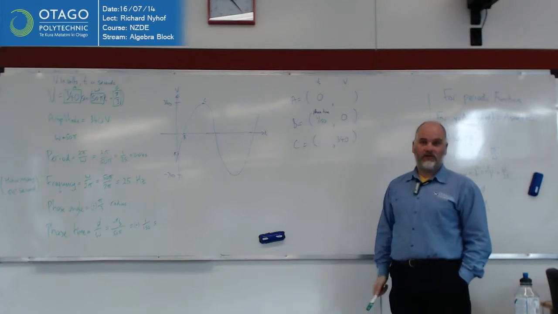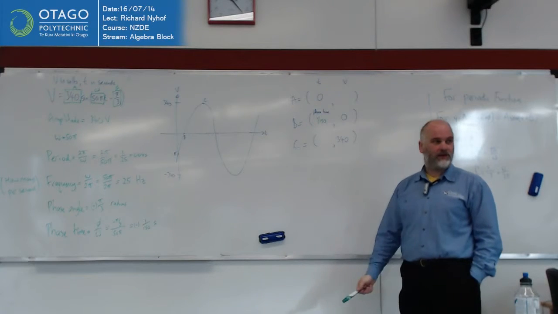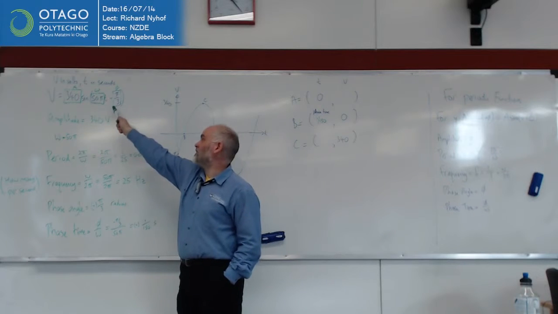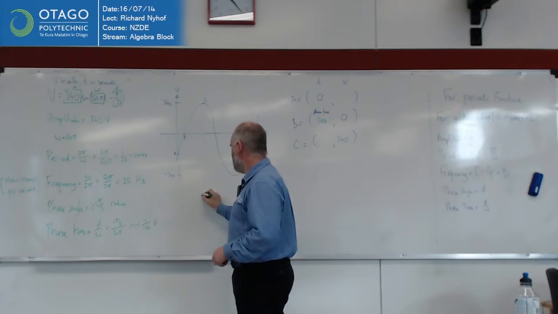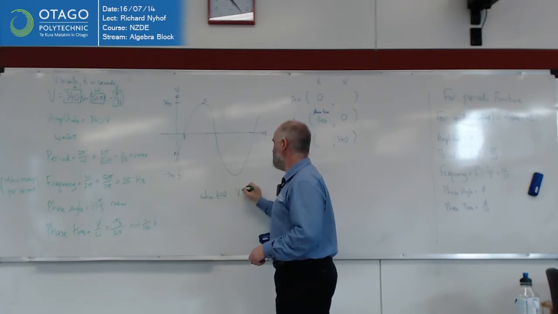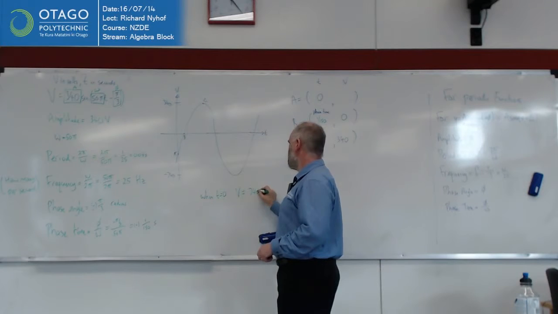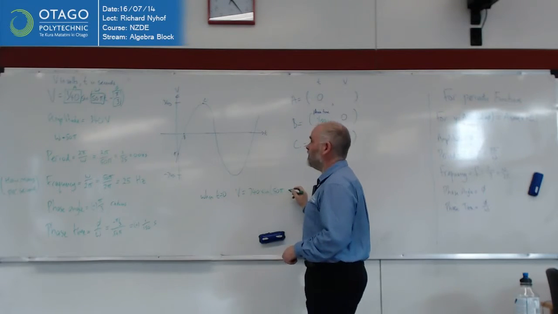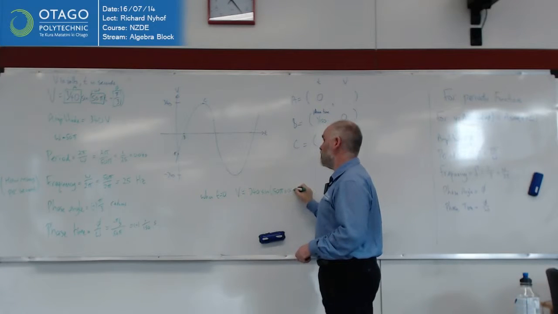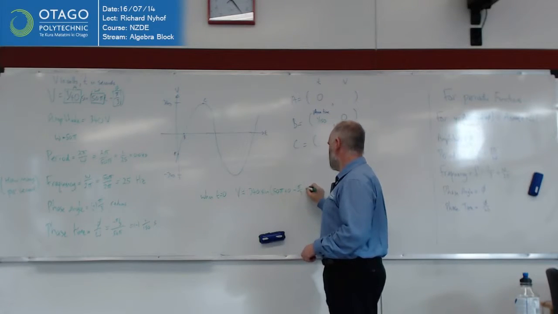Have you got a formula for this curve anywhere? What happens if you make t equals 0 in that formula? So when t equals 0, v equals 340 times sine of 50 pi times 0 minus pi over 3.